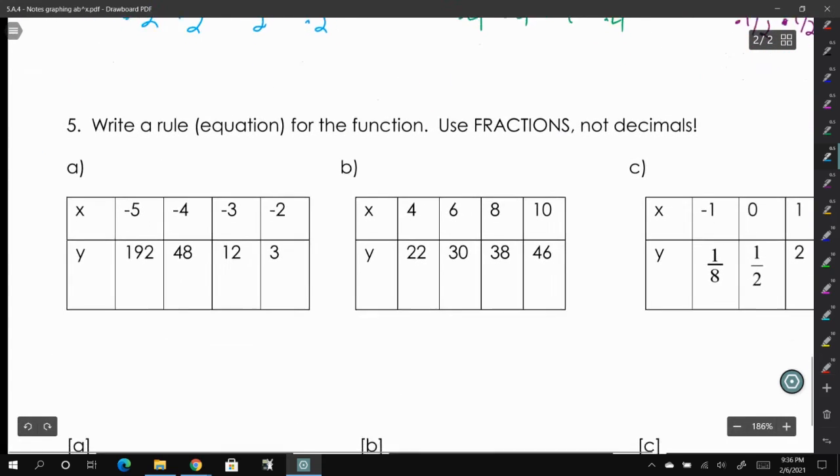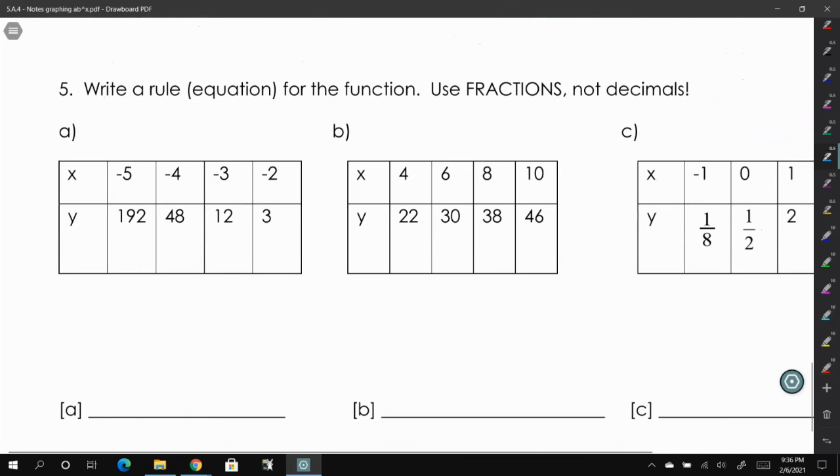So down here, we're going to write the rule or the equation for the functions, and we're going to use fractions and not decimals. So we need our a and our b value. B is our growth rate, but a is our starting value, or the y-intercept. So you see from the first table, we don't have x equals 0 anywhere.